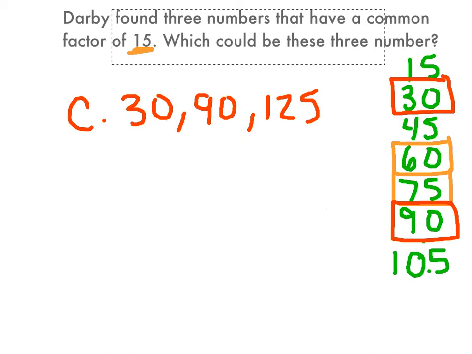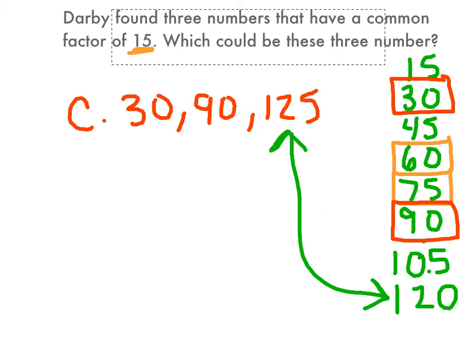Then I add 15 to that, continuing my multiples, and I get 120. So there's the problem. These two do not match, and if I add another 15 to 120, I get 135. So C cannot be my answer.